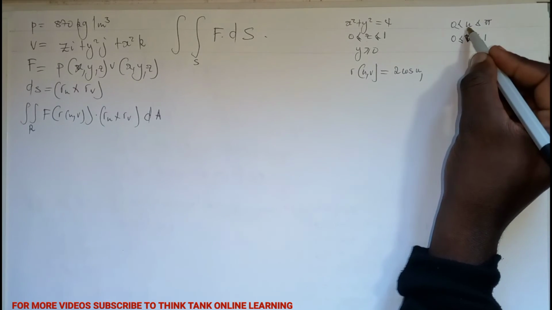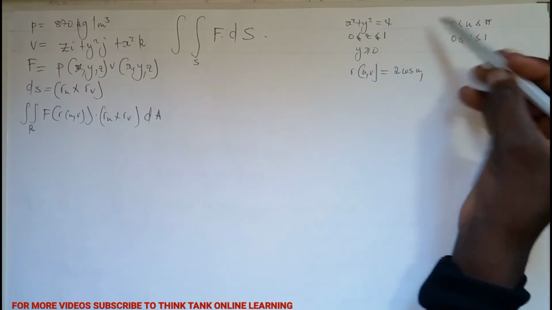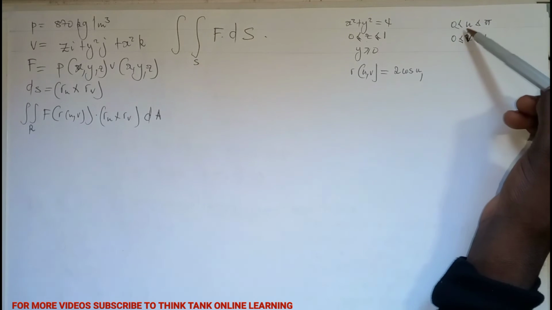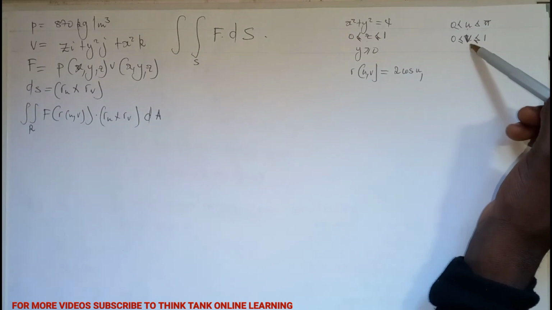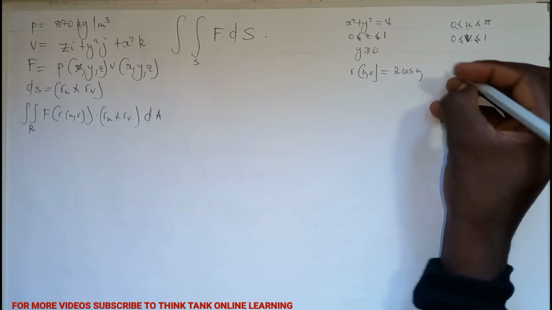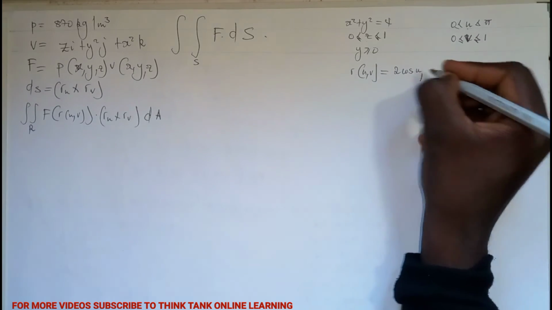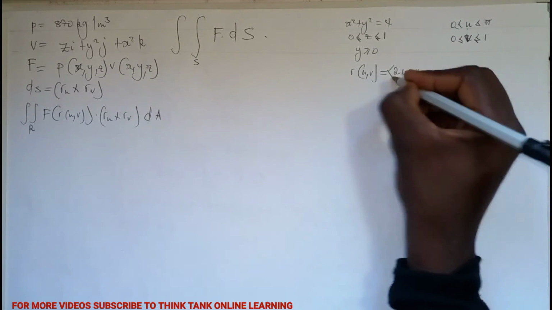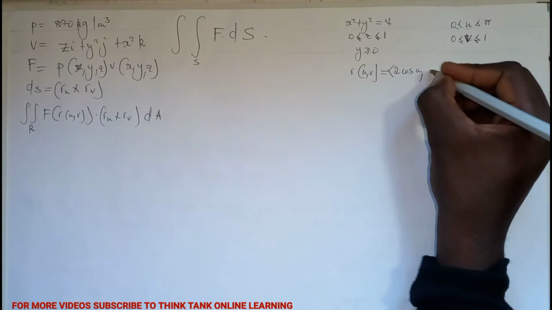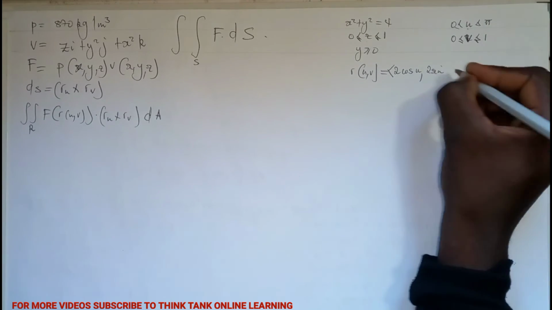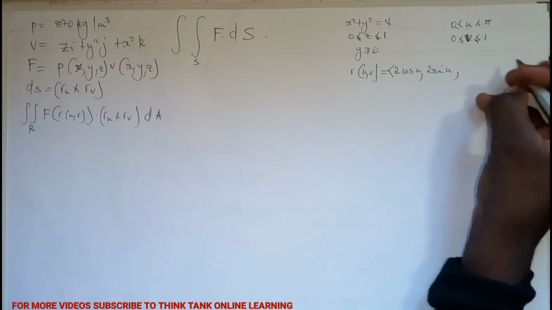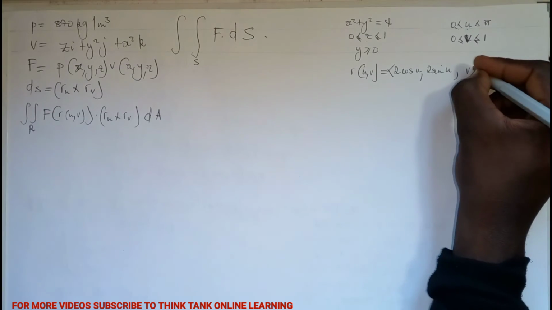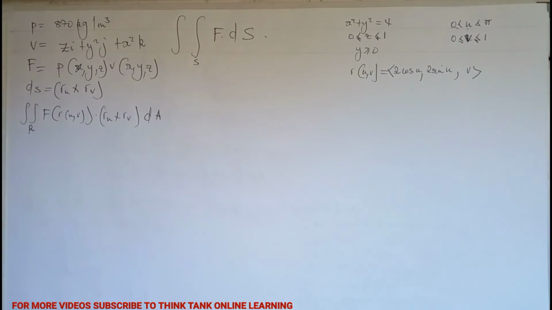Instead of theta, I've chosen u to replace the angle and v to replace z. So y is 2 sin u, and z is v. This is the same as i, j, k.